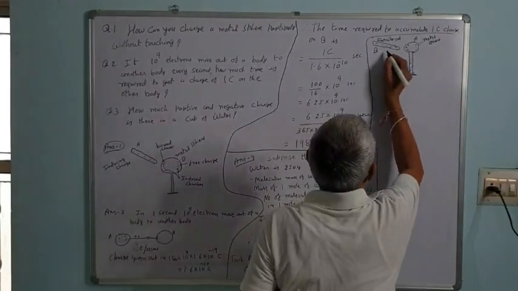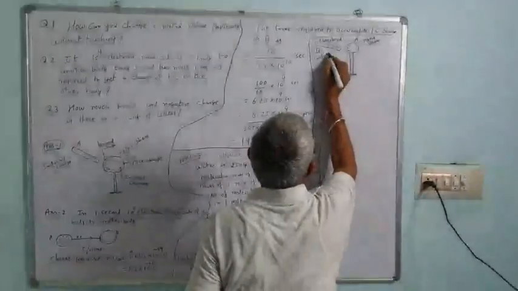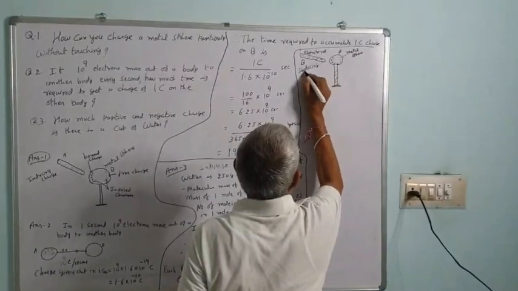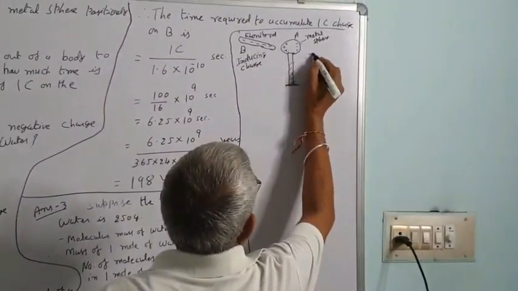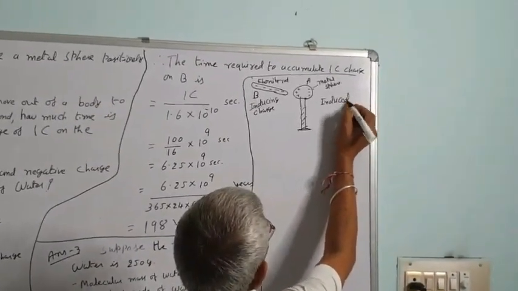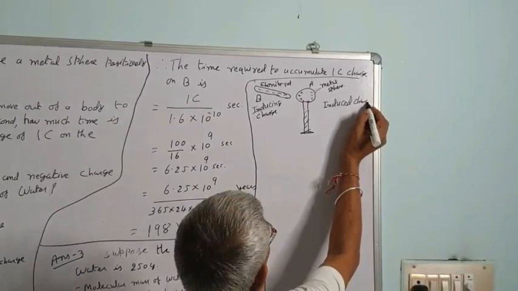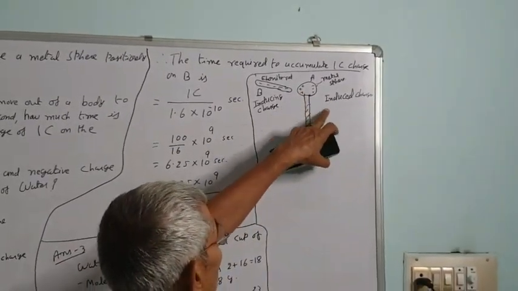This ebonite rod has negative charge, that is the inducing charge. And these are induced charges. Charges on A are called induced charge.